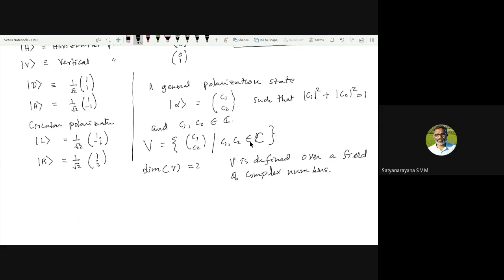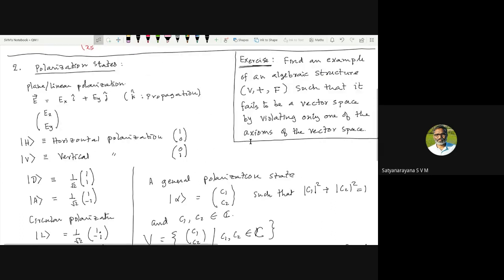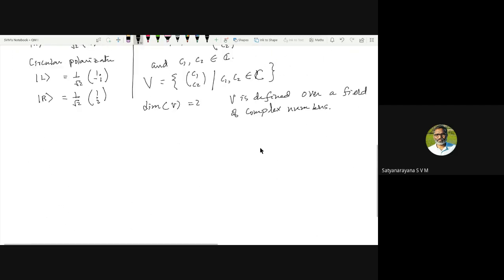So the set of polarization states is basically complex numbers. Just like R2, we call this C2.